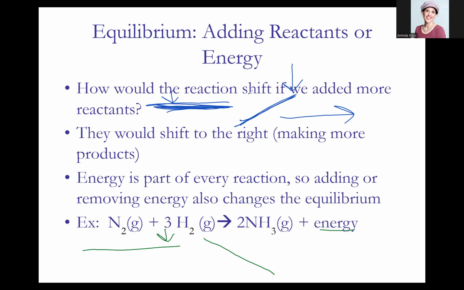What side needs to have more added in order to balance it out? We need to push this down, so we need to move it to the left. So this way, if you add more energy, you're going to reverse the reaction. This is what happens if you add energy.